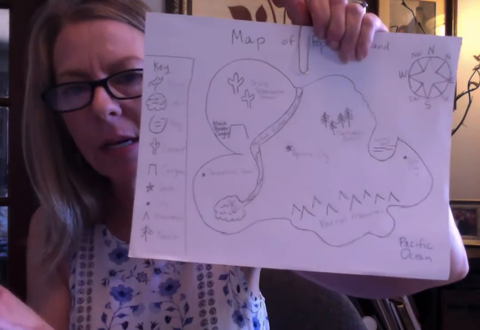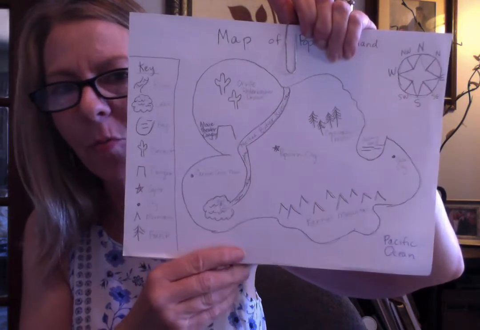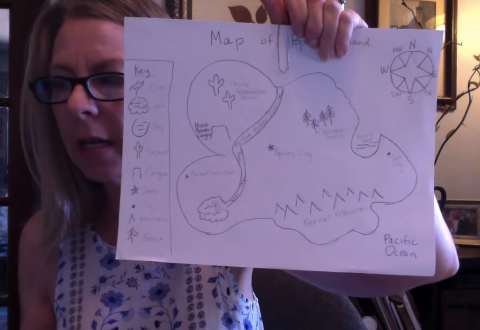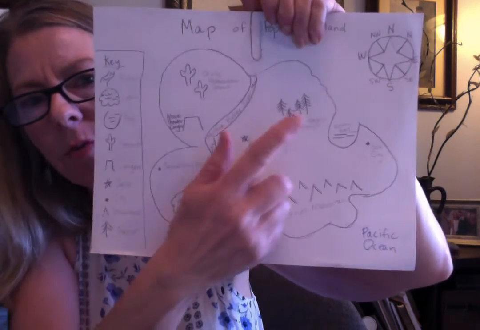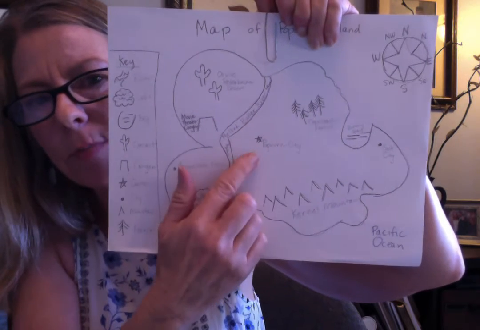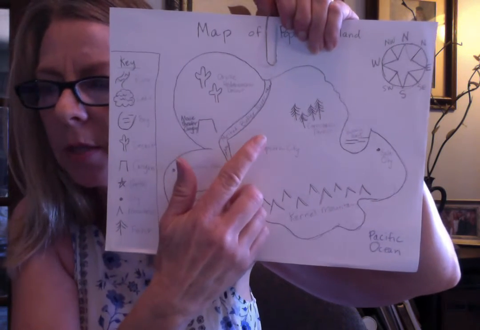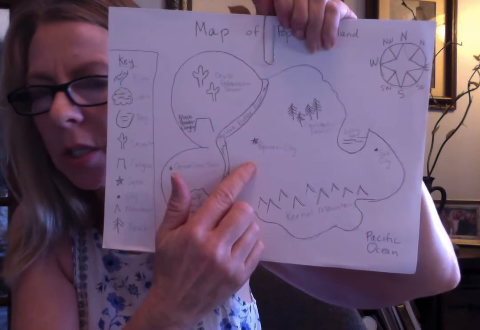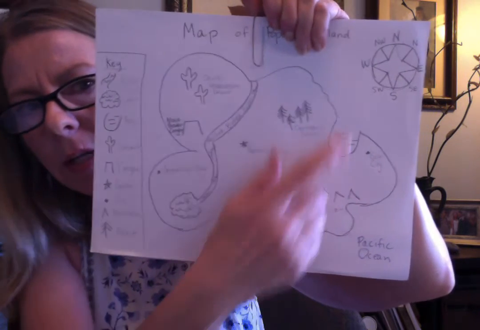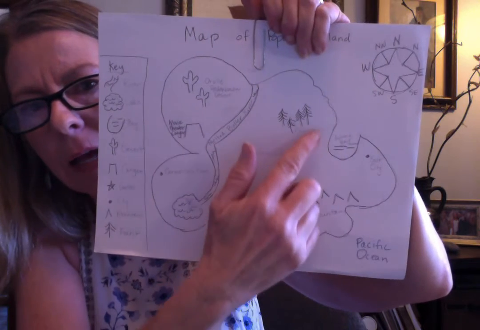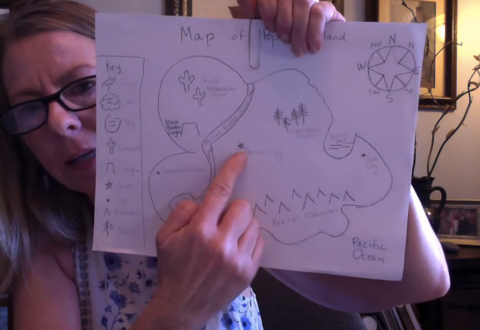This is another way that our author words it. To go from Cornstalk Forest to Popcorn City, so here's Cornstalk Forest, here's Popcorn City, in which direction do I go? I can look at my compass rose and see that I'm going a little diagonally, right?